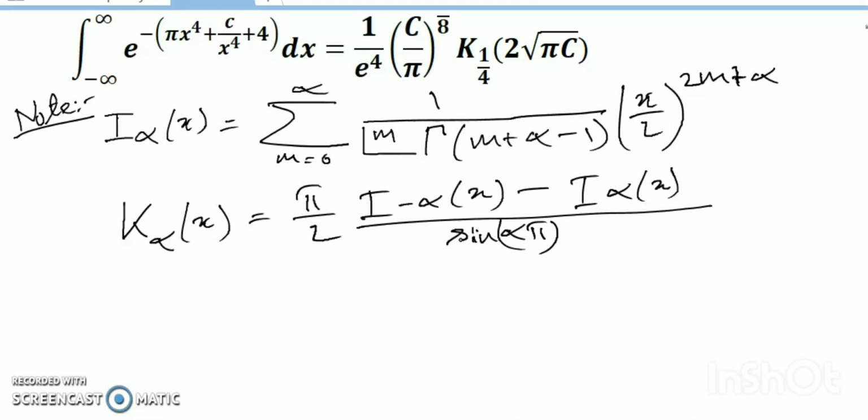Which problem? This problem. This integration I would solve with the help of these two equations. It is important, you have to know and remember. So friends, now how can we solve this kind of problem?